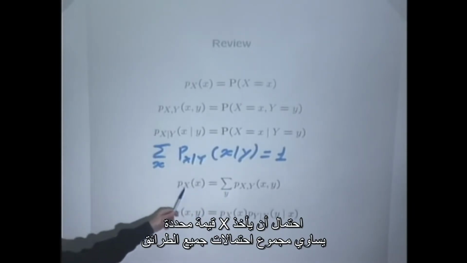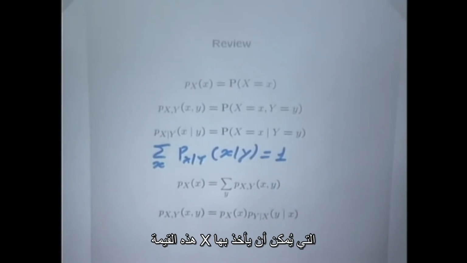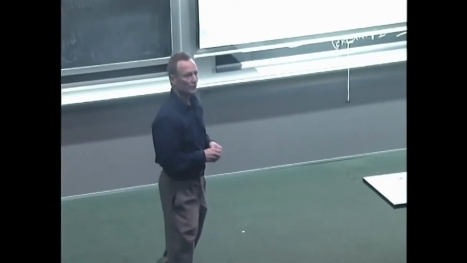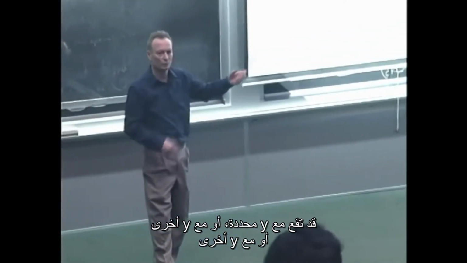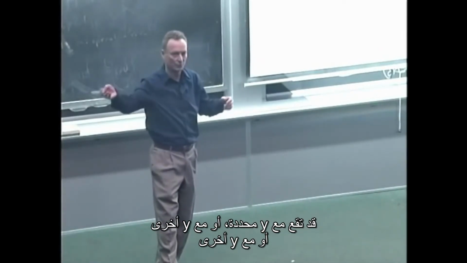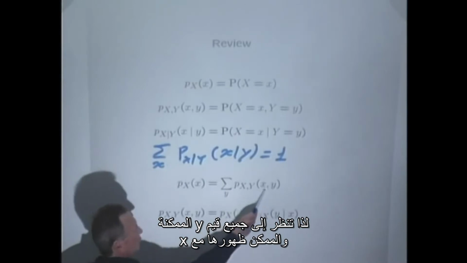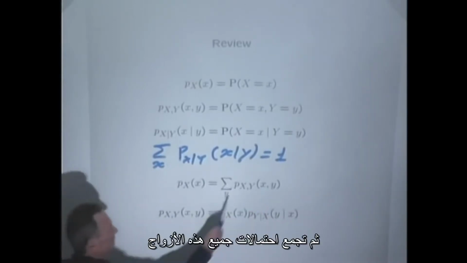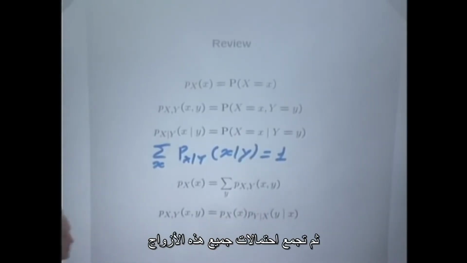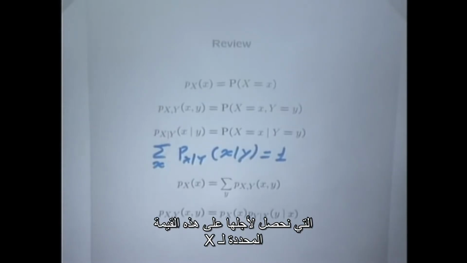The probability that x takes a particular value is the sum of the probabilities of all the different ways that this particular value may occur. What are the different ways? Well, it may occur together with a certain y, or together with some other y, or together with some other y. So you look at all the possible y's that can go together with this x and add the probabilities of all those pairs for which we get this particular value of x.